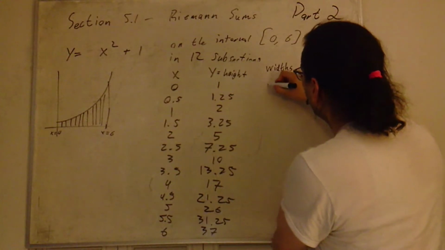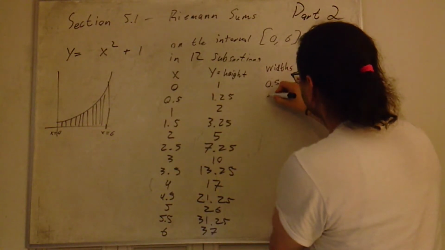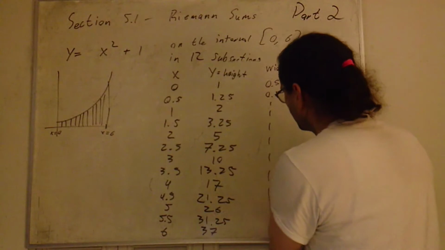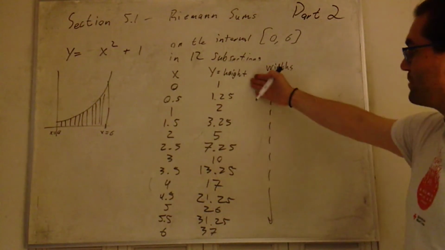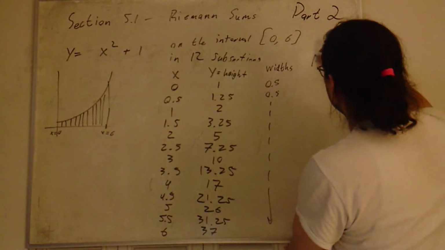The width for all of these is 0.5. So I need to multiply these 12 heights by 0.5 to get my areas.